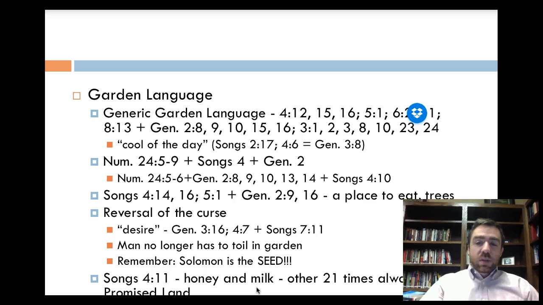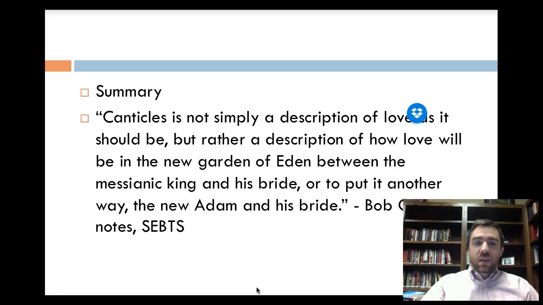This book is just filled with hopeful language about what Israel's hoping for. It's not just a description of love as it should be, but a description of how love will be in the new Garden of Eden between the Messianic king and his bride, the new Adam and his bride. This book is looking for the king and his bride in the garden.